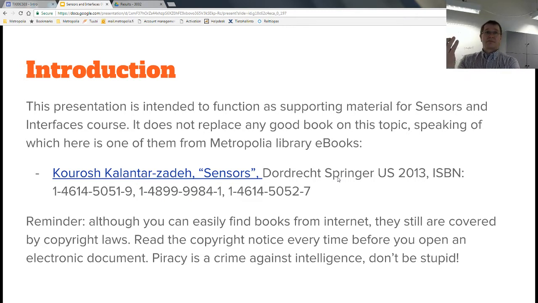Don't use them. They are usually pirate copies, so think of those guys who are trying to get some extra bucks for their living. I know some of these authors, and believe me, any physics or engineering book writer is not a millionaire. There's no such thing.